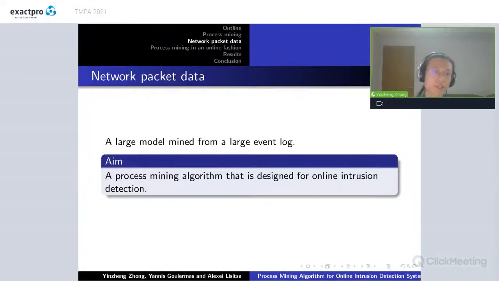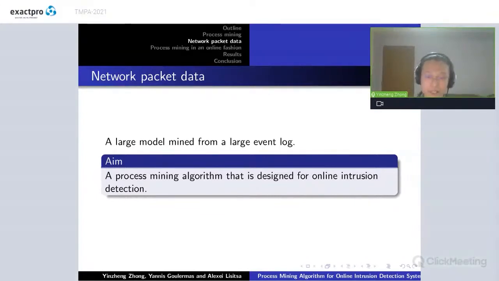But the question is, how can we do the process mining online? Traditionally we can apply process mining on the network data, as I showed. The problem is usually the captured packet data is huge.